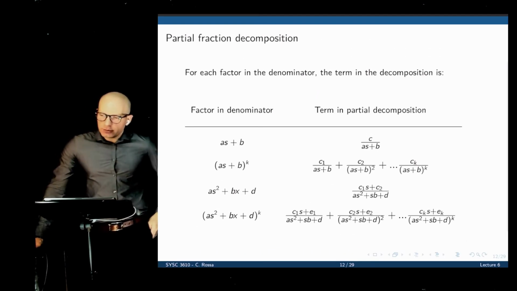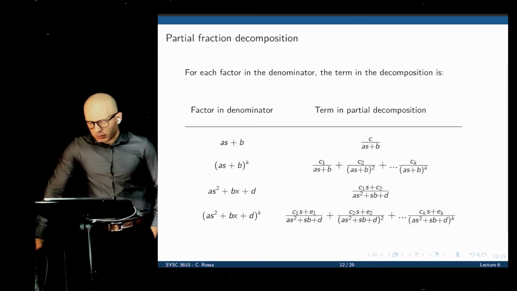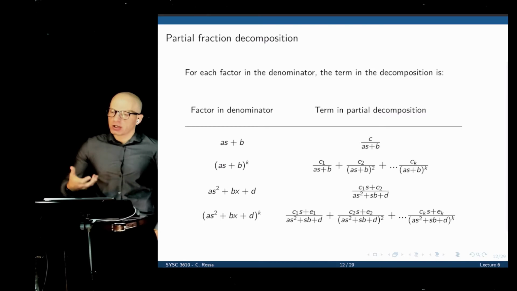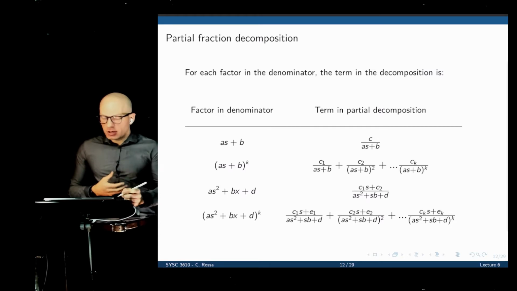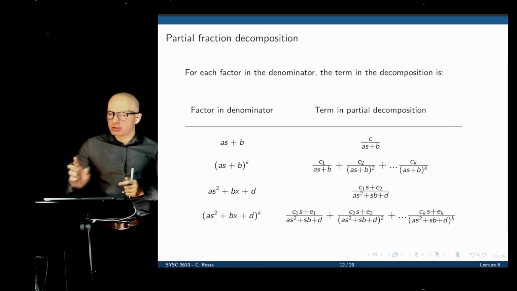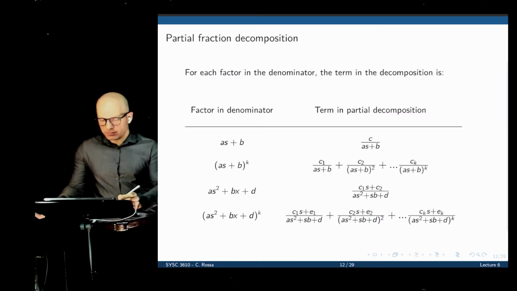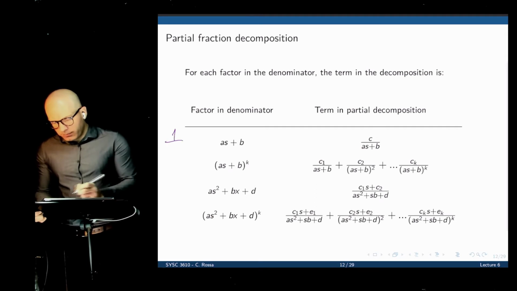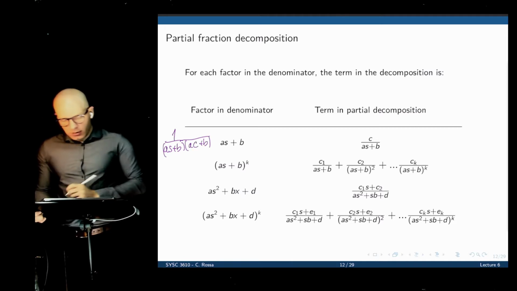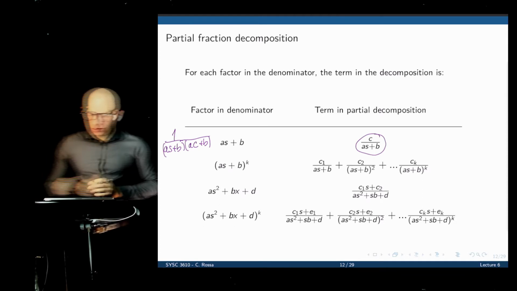To do that, there are a few rules that we can follow to find the appropriate form to decompose a fraction into smaller partial fractions. This all depends on the form of the denominator in that fraction. In the simplest case, if we have a denominator that simply has a first degree function of s plus a constant, for example, 1 over (As + B) times (Cs + D), we can simply decompose each element.